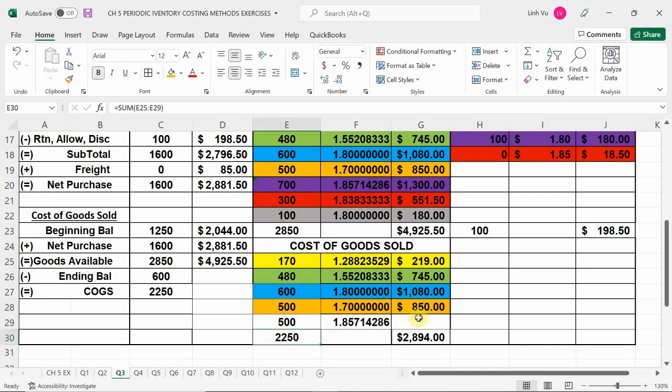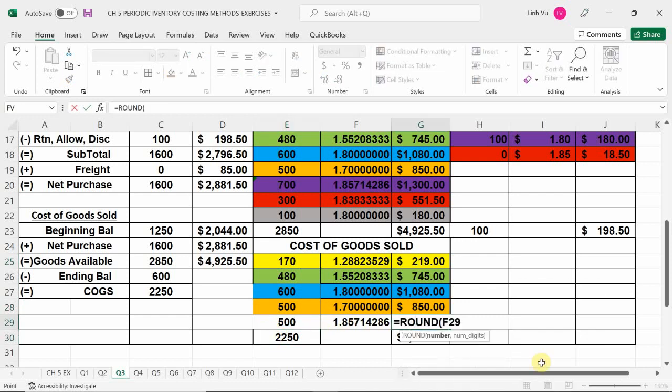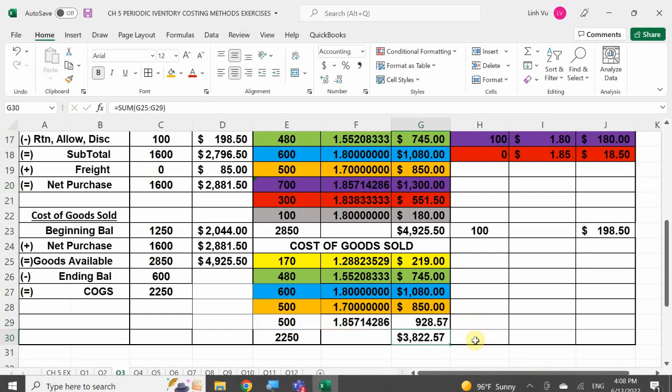Okay, so in this case, what is my new total cost? If I sold 500 units at $1.85714, I got $928.57.